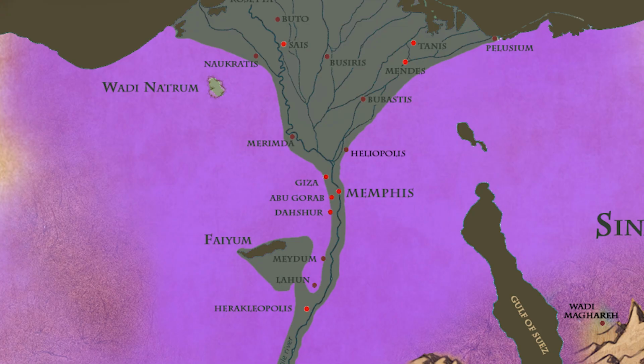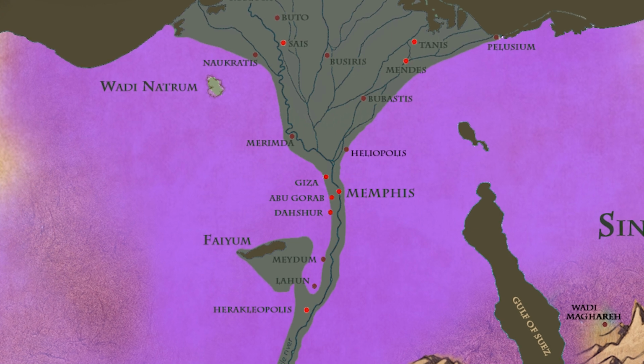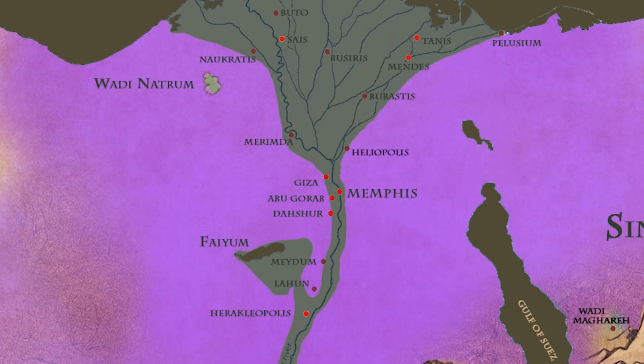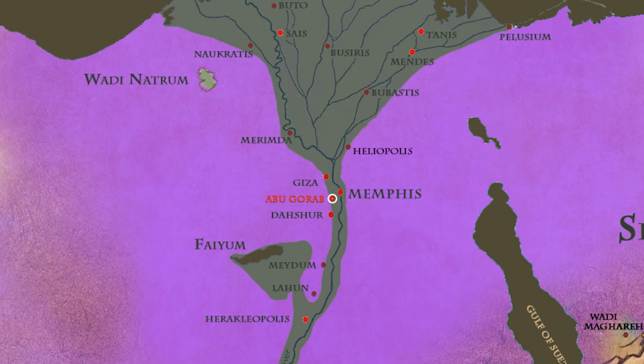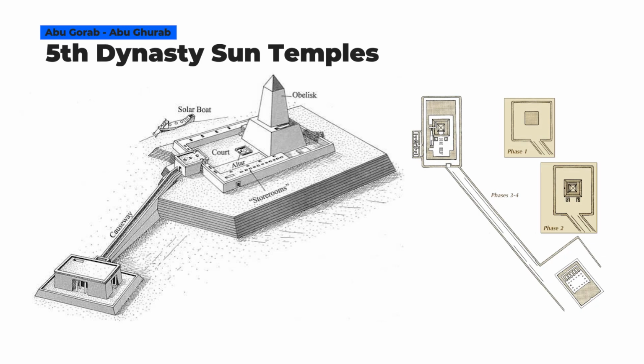The first of the solar kings, or sun kings, Userkaf constructed the first of 5 sun temples just south of Saqqara at Abu-Gurob. These solar temples were something not seen before in Egypt and were the forerunners to the later obelisks of the New Kingdom. In front of the obelisk was a sun altar, which was later adopted by Akhenaten and his temple to the Aten during the later 18th dynasty.